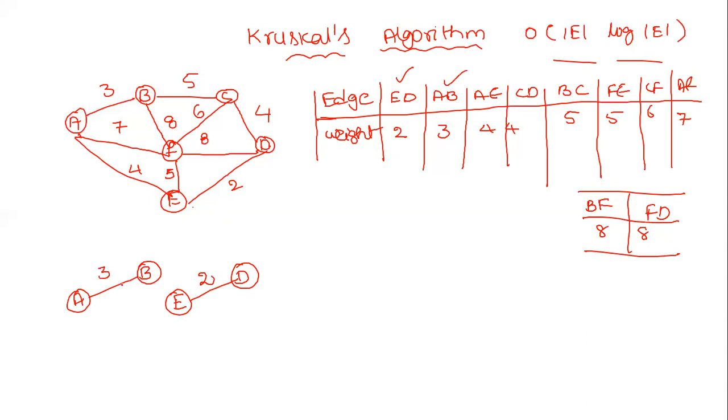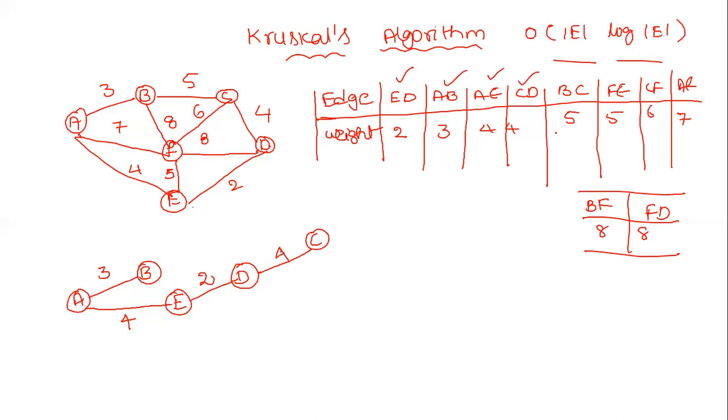After that AE, connected, and its weight is 4. After that CD, so C is added in the next step. Each and every step we will draw a new graph. The weight of CD is 4.